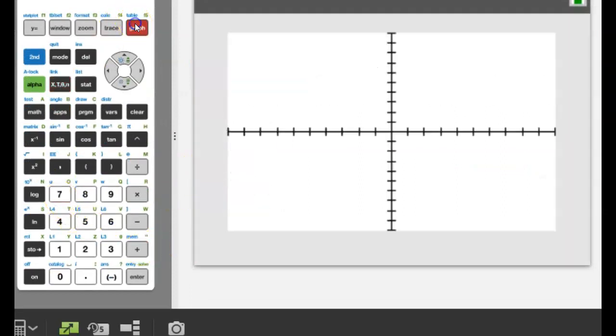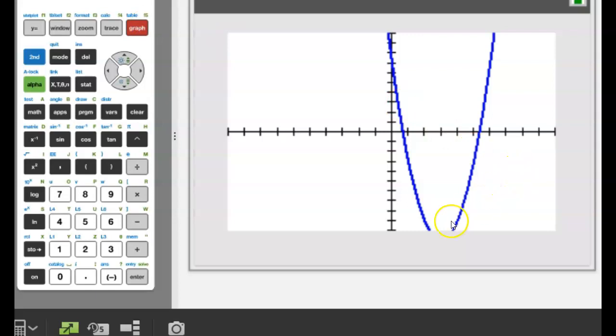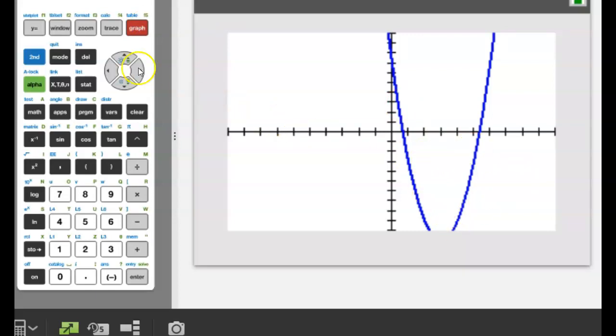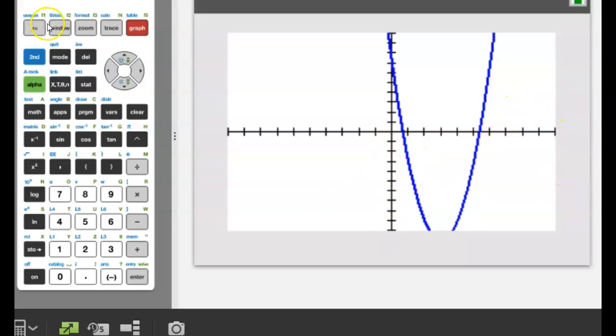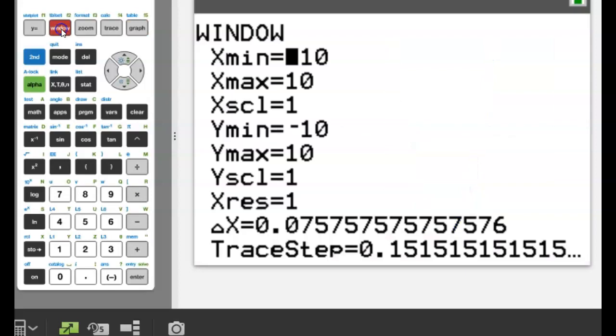Okay, if we had graphed it, it doesn't fit in this window very well. We're trying to find the vertex. How do we look at a better window? Do not use zoom fit. It is not your friend. Anybody know how we look further down? If you go to the window, what do we need more of?